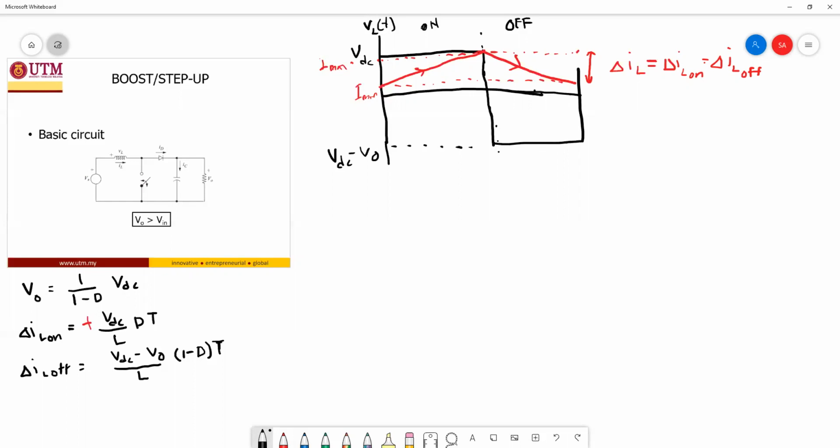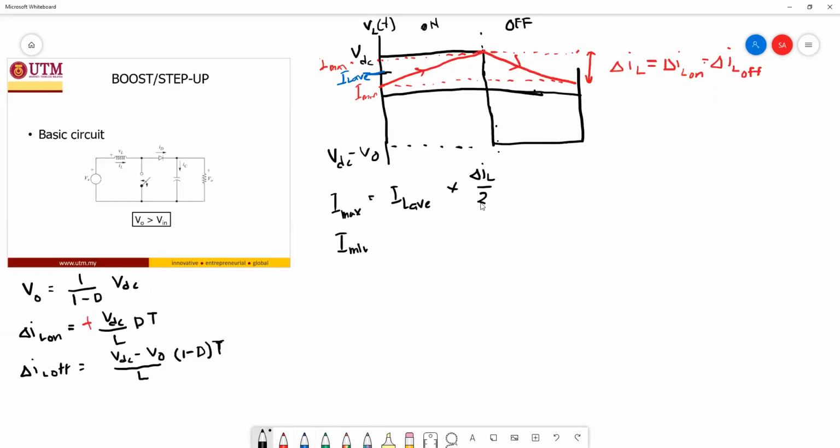since the inductor current changes in a cyclic manner from minimum to its maximum value, it has an average value. At the center, we call this IL average. So to get I max, you can calculate using IL average plus delta IL over 2.